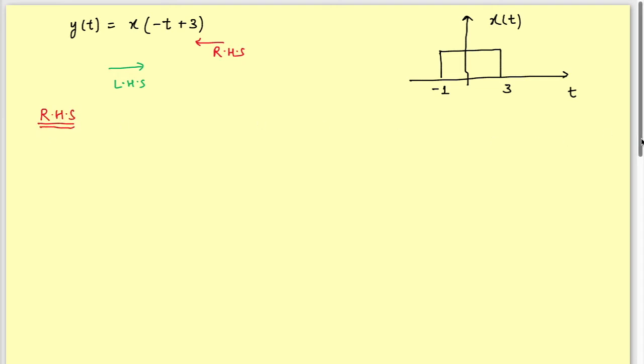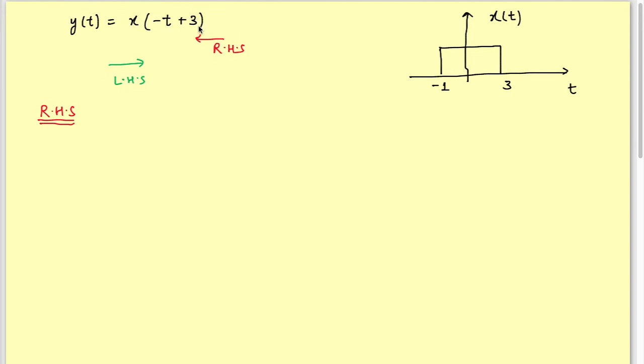What happened here is that I am looking at this signal in the right hand direction. So what I first see here is a time advancement of my signal by 3 units. So x of t is, because there is a positive sign here, advanced by 3.